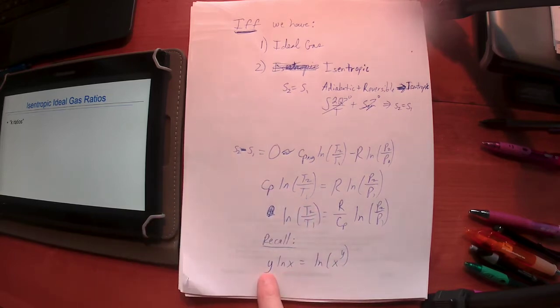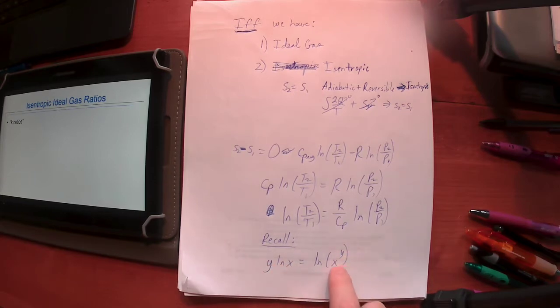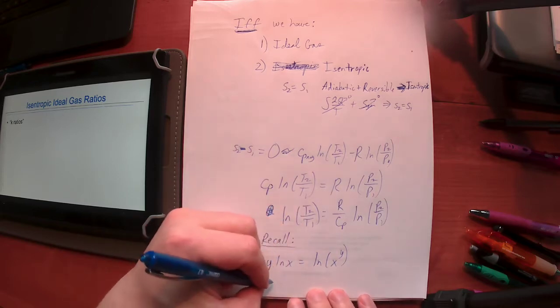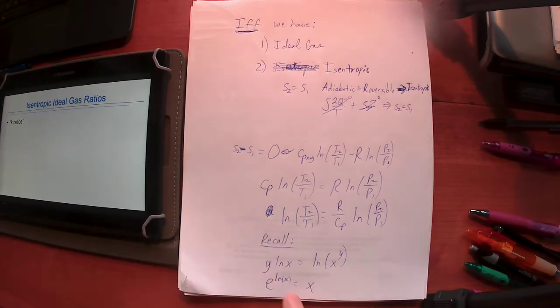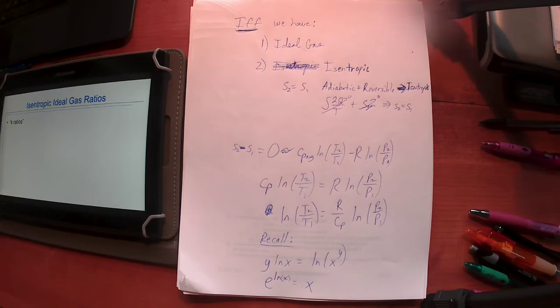If I've got something outside of a natural log, I can bring it inside the argument if I raise the argument to the power of that value. And vice versa, I can take this exponent and move it outside of the logarithm. Also, if I take e to the natural log of x, that is simply x. Natural log and e to the power are inverse functions, so one evaluated on the other just leaves the argument. Okay?